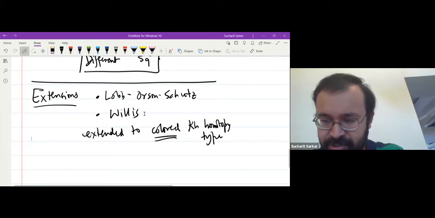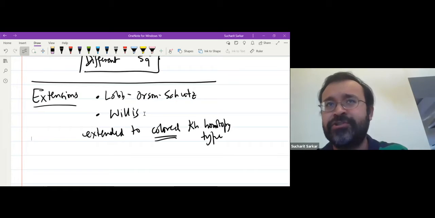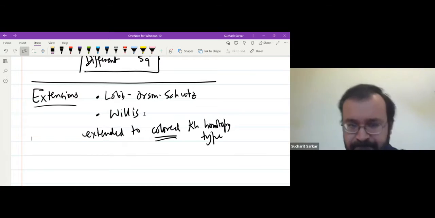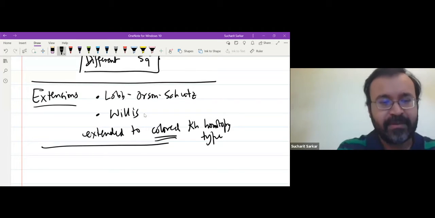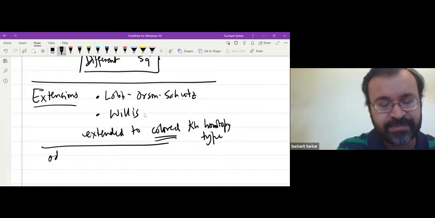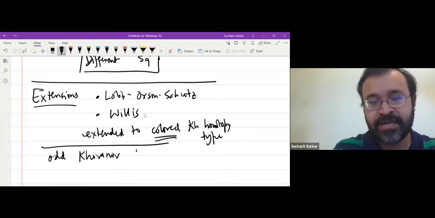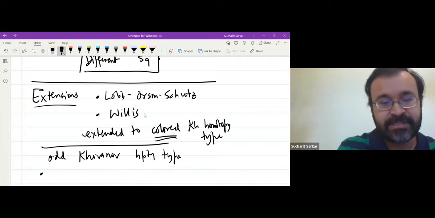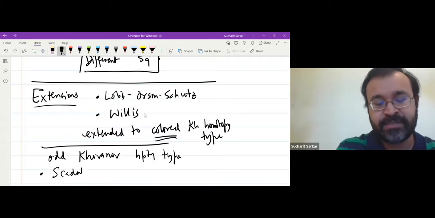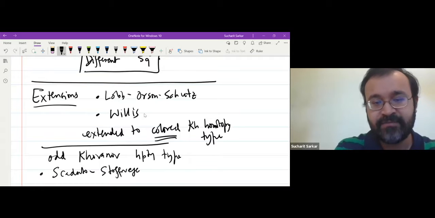Some other extensions. There is also a generalization of Khovanov homology called odd Khovanov homology, and so there is an odd Khovanov homotopy type as well. We did this with Christopher Scaduto, Matt Stoffregen, and myself.